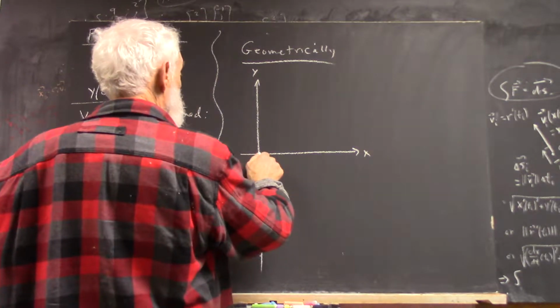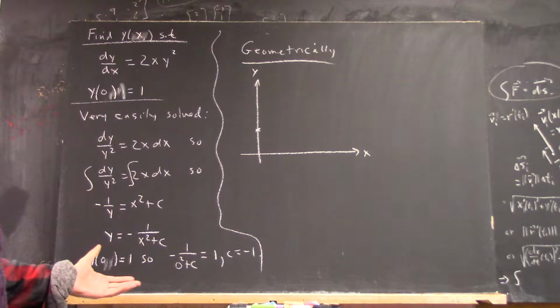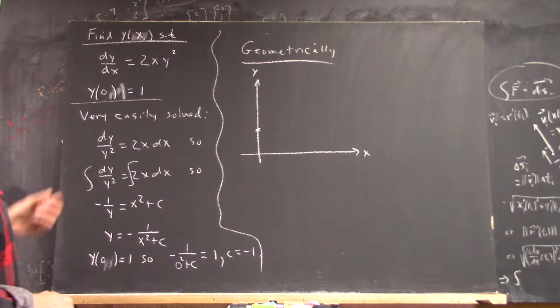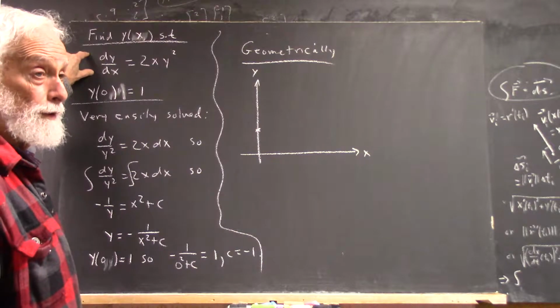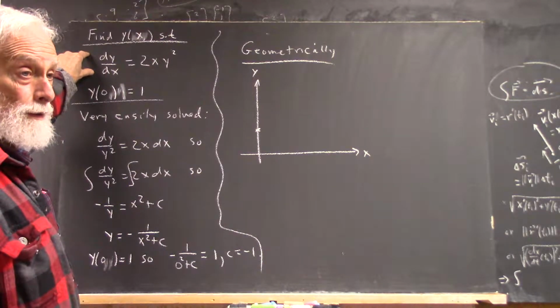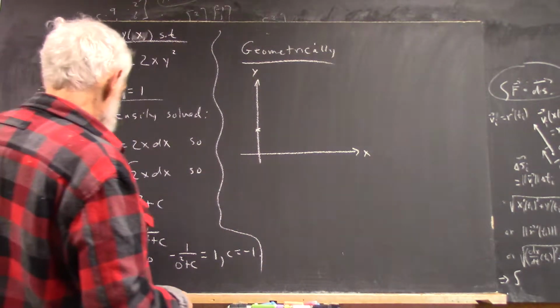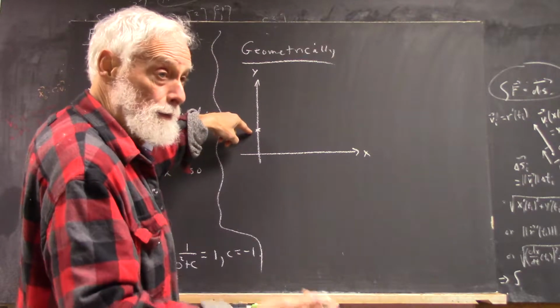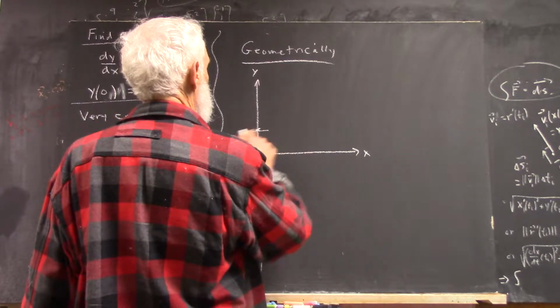So that means we have the point (0, 1) on the graph of our function y of x. And this tells you what dy/dx is. Now what's the significance of dy/dx? That's the slope. So this tells me that at this point where x is 0 and y is 1, the slope is 0.